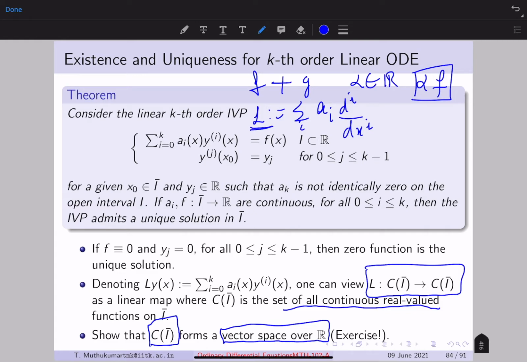Okay, so this is a way of interpreting the linear differential equations.